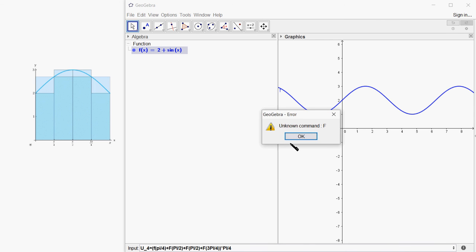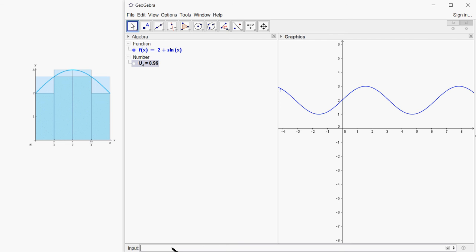So I have to change that to a lowercase f, and this is going to be just the lowercase pi and the f and pi there. Let's hit enter.